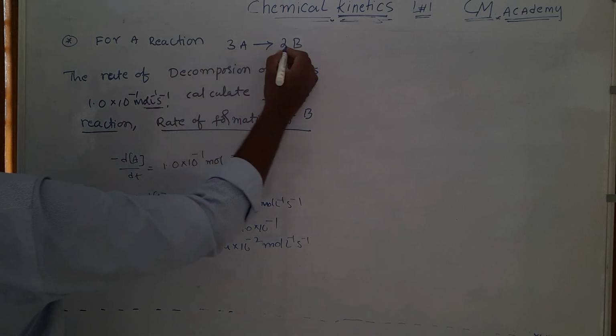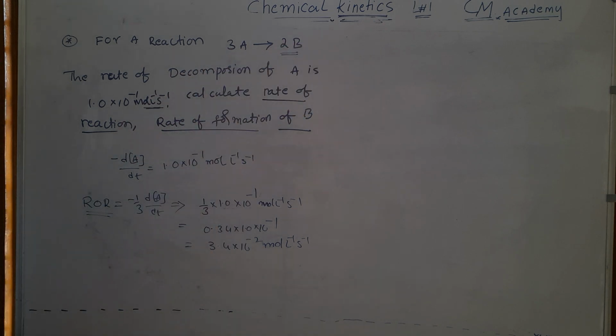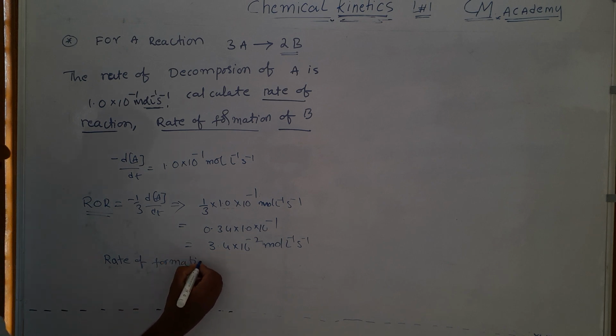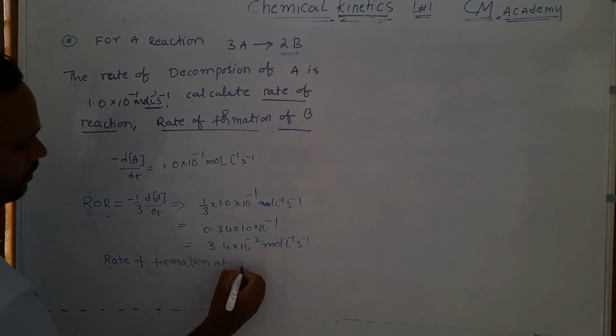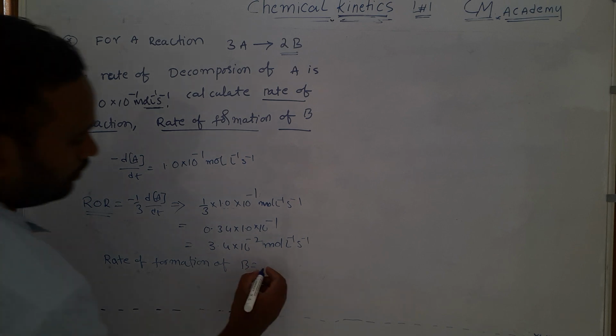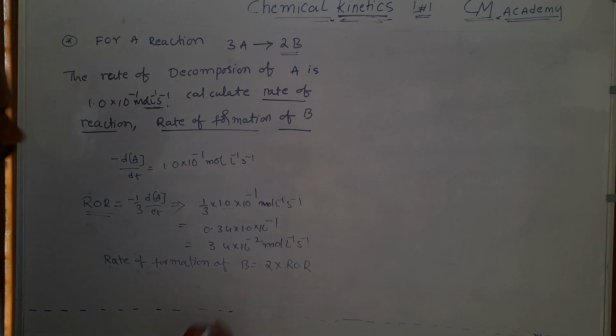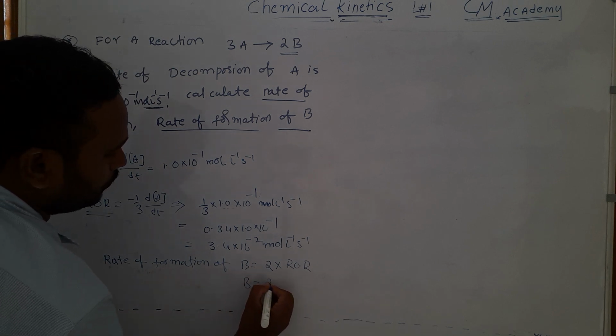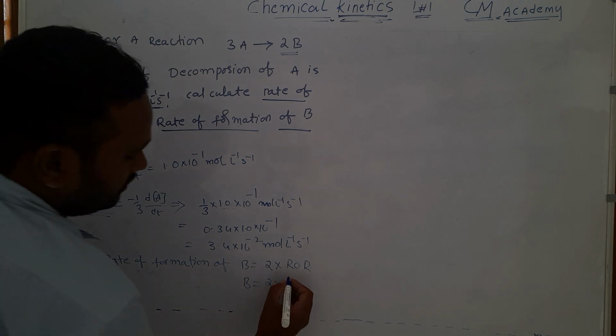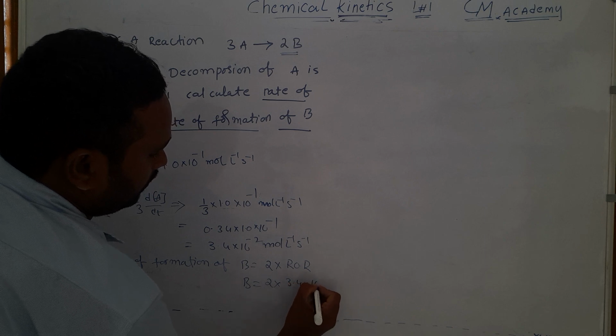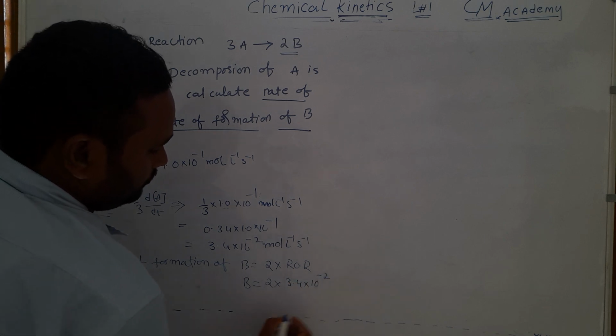As we know, the rate of formation of B is 2 times the rate of reaction. Therefore, the rate of formation of B is equal to 2 into ROR, that is 2 into 3.4 into 10 power minus 2.